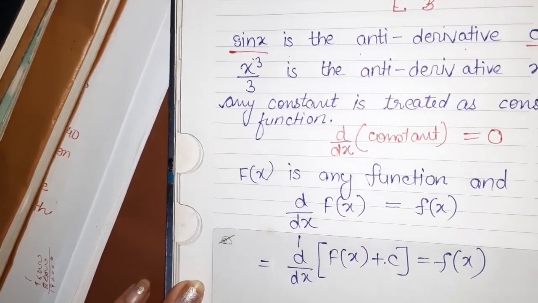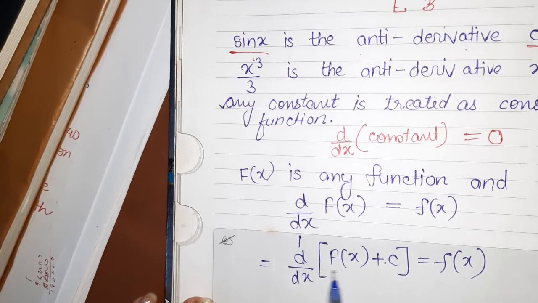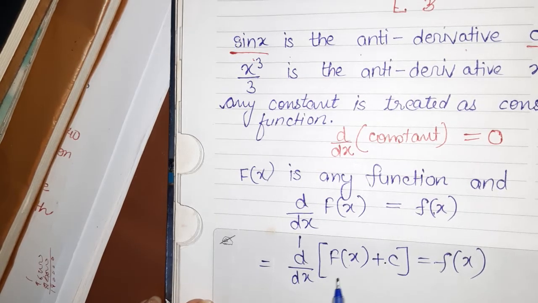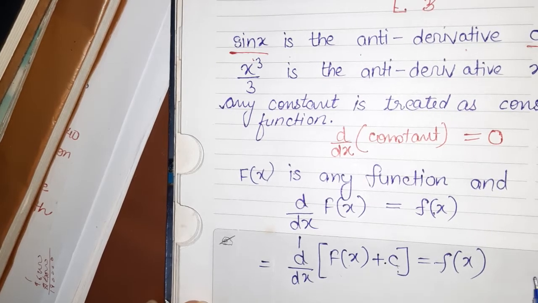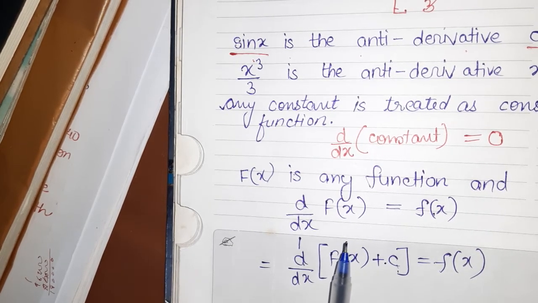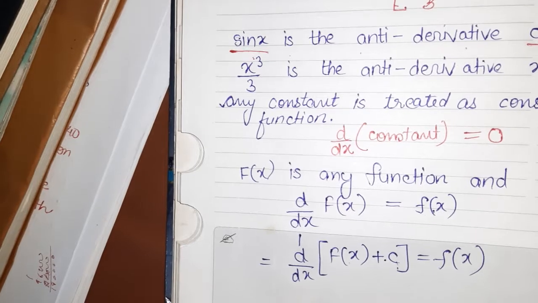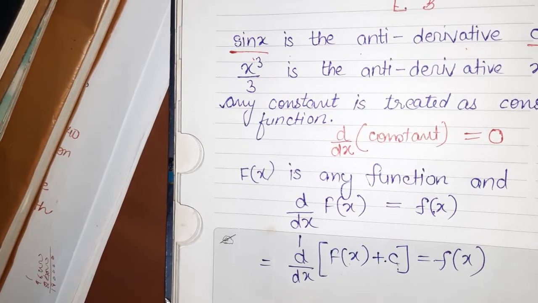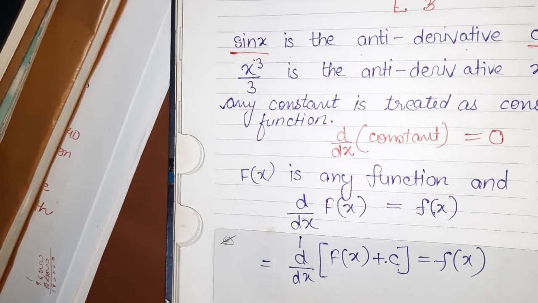Why? Because differentiation of F of x is this and differentiation of a constant function is 0. So whether we write c or not, there is no problem, because c is already a constant and we know differentiation of a constant is 0.